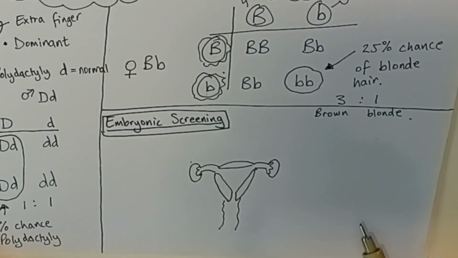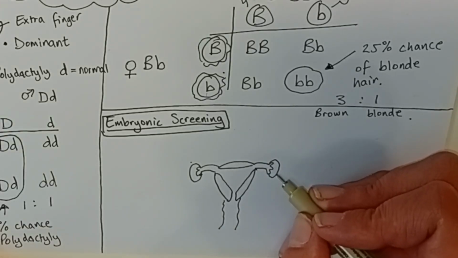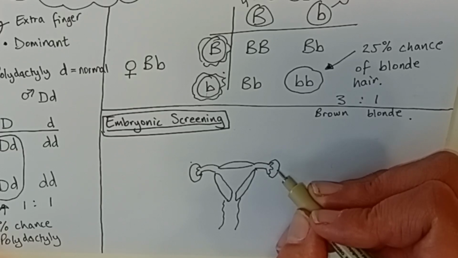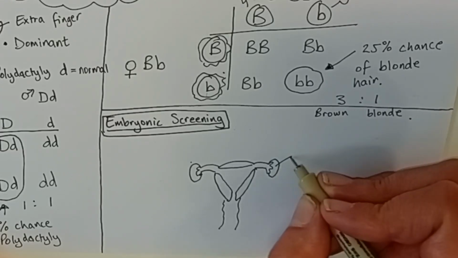So if a woman is having it tested by a normal pregnancy, then a cell is removed from the embryo in the uterus. But if the woman is having IVF, then the first thing that needs to happen is the woman needs to have an egg removed from an ovary.